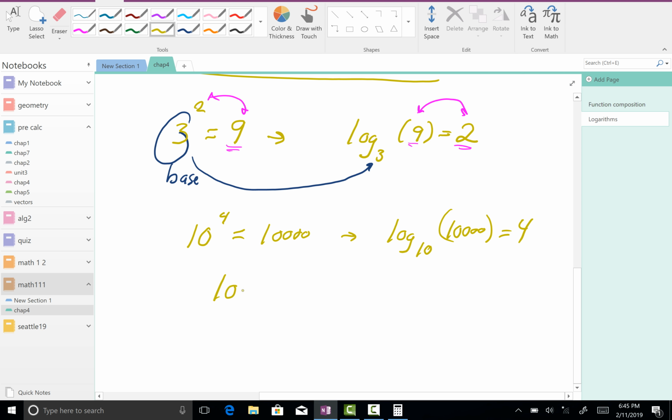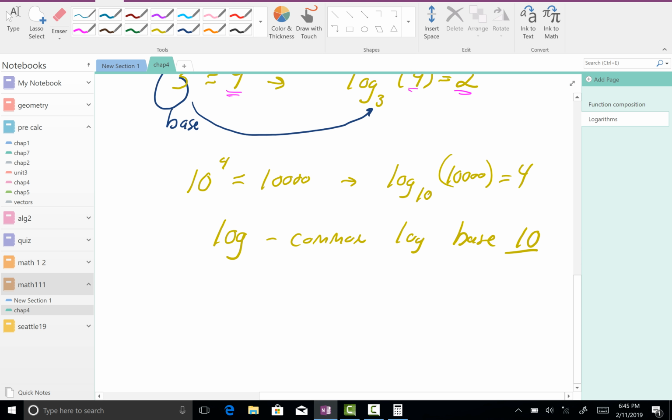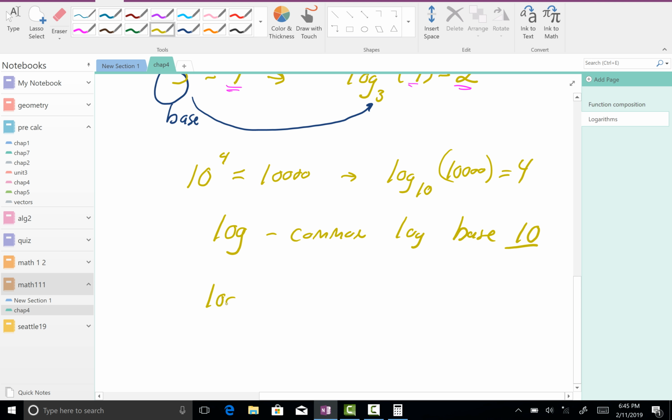One is just a log. When you see just a log, that's called a common logarithm. And the base is always 10, because that's our counting base, obviously. If you see a log with a little a down here, then that means you can enter the base.